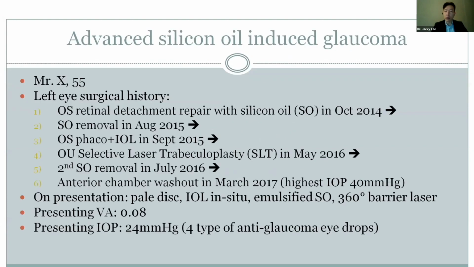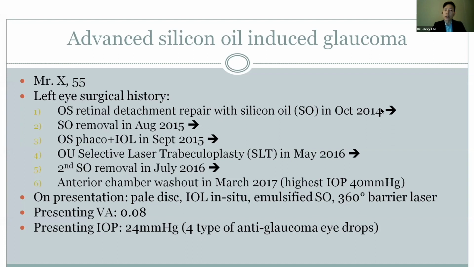This is a gentleman, 55-year-old Mr. X, who had advanced silicone oil-induced glaucoma. He had multiple left eye surgeries, including an early retinal detachment repair with silicone oil in situ back in 2014. He later had the oil removed in 2015 and had a subsequent phacoemulsification done the month later. That's when the pressure started to increase, and he had SLT done in May 2016.